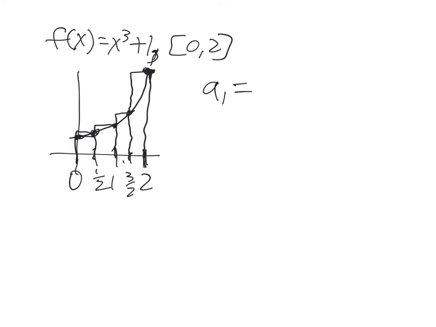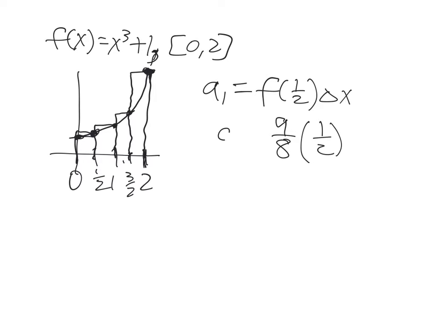So A1 will be f of 1/2 times our delta x. We haven't changed the width of the rectangles. We're going to have the same width. It's the height that we're changing. Some of these we already calculated. f of 1/2 was what? 9/8. That was the 9/8. And then times 1/2.